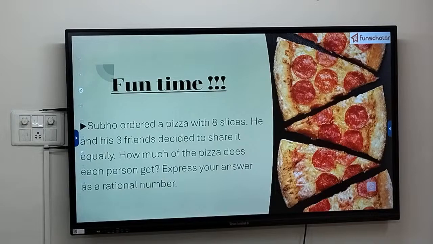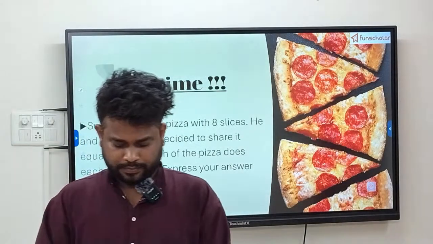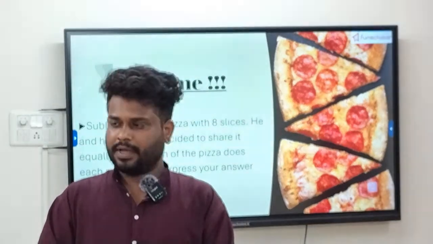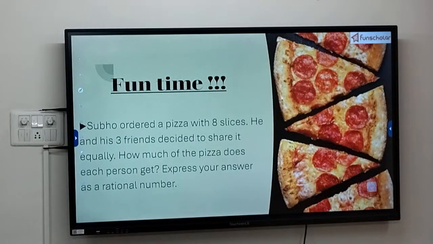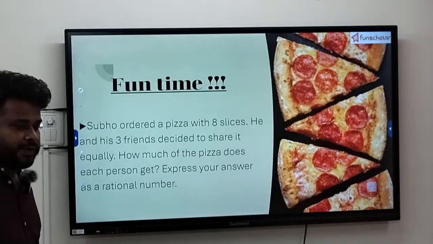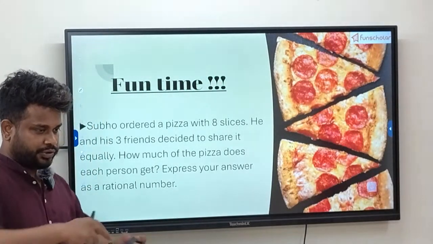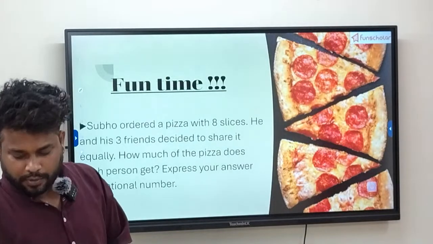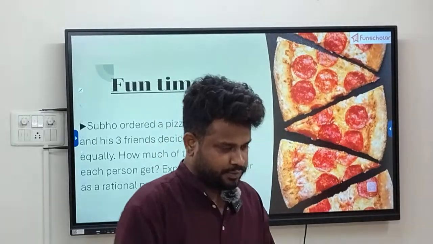Just think of it as a pizza. How many pieces are there? 8 pieces. So the pizza has 8 slices. We 3 friends have decided to share it. So you got 2, you got 2, and I also got 2.